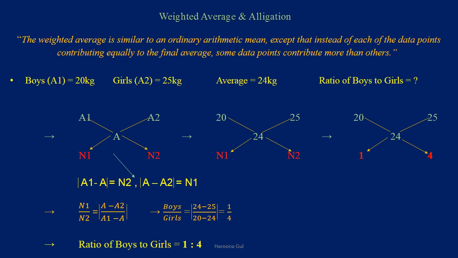So if we subtract 24, that is our combined average, by 20, that is our average weight of boys, we're going to get the ratio of girls, which is 4. And if we subtract 24 by the average weight of girls, that is 25, we're going to get 1. So our ratio of boys to girls would be 1 to 4, right? 1:4. So 1 boy for 4 girls.